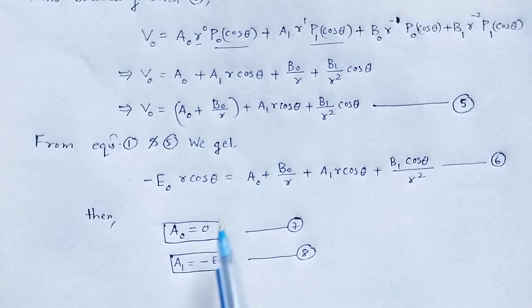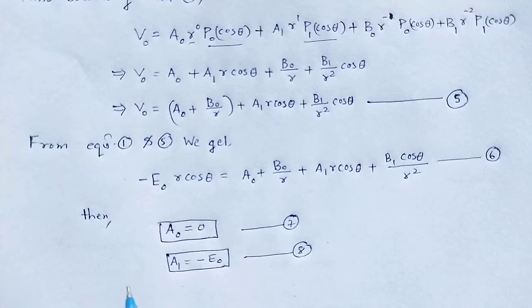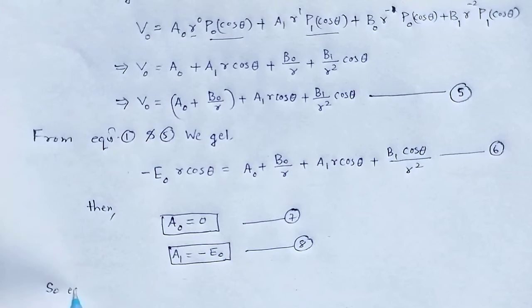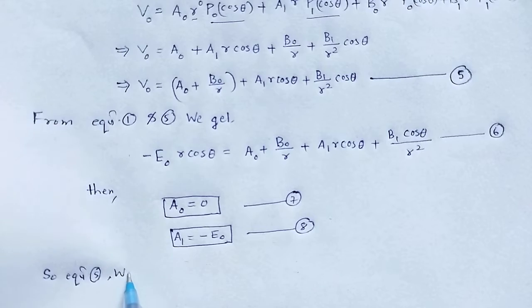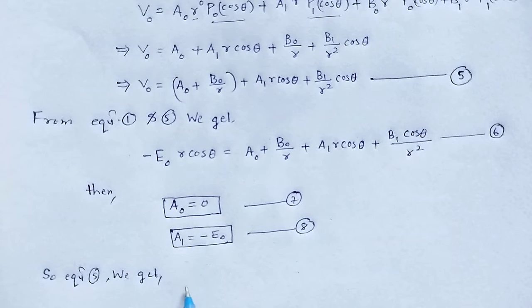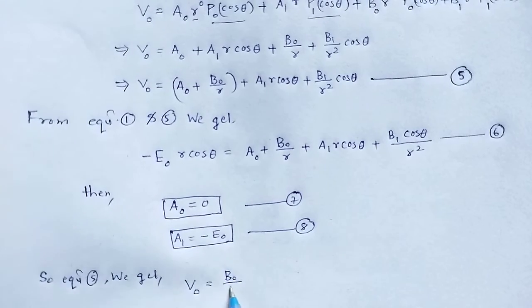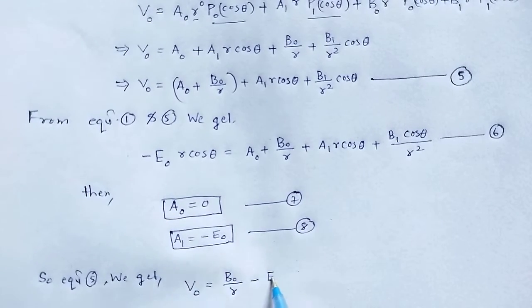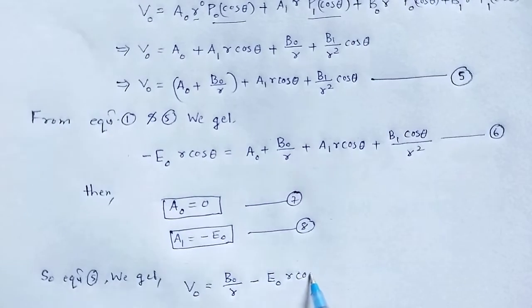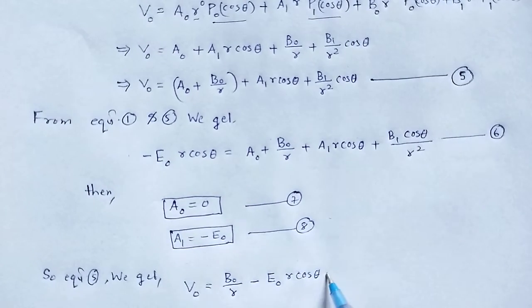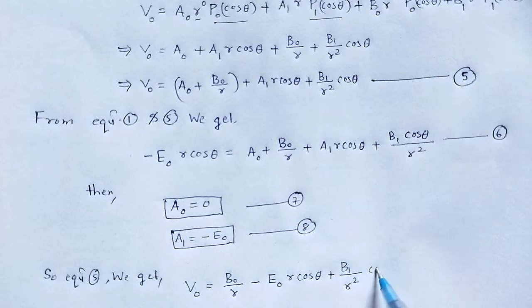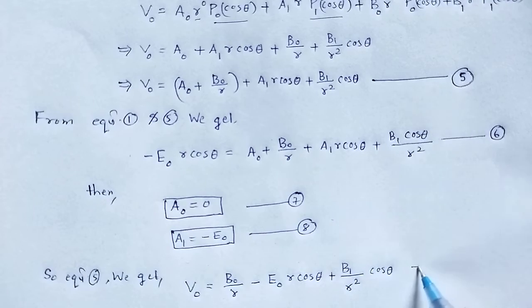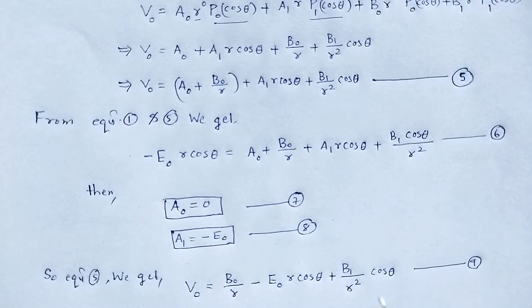Now putting this constant in equation number 5, we get V naught is equal to B naught by r minus E naught r cos theta plus B1 by r square cos theta, that is equation number 9.